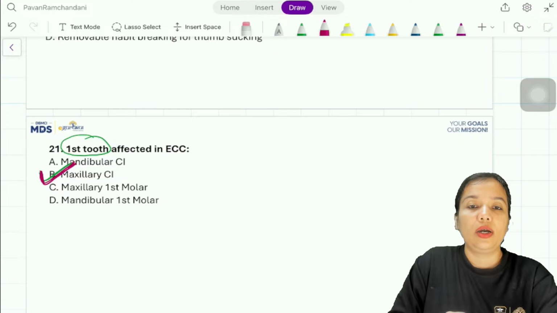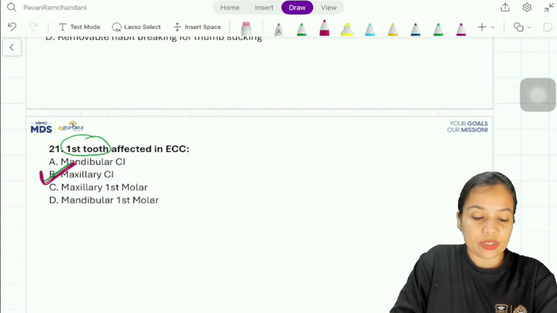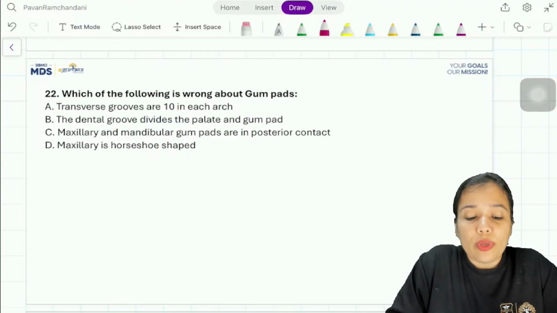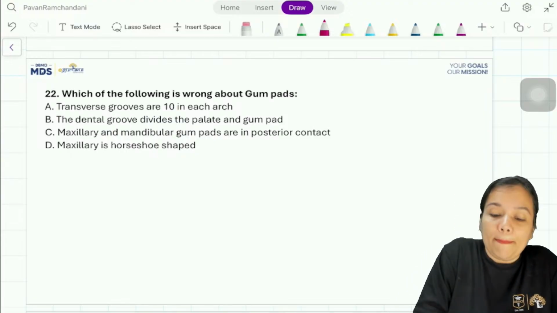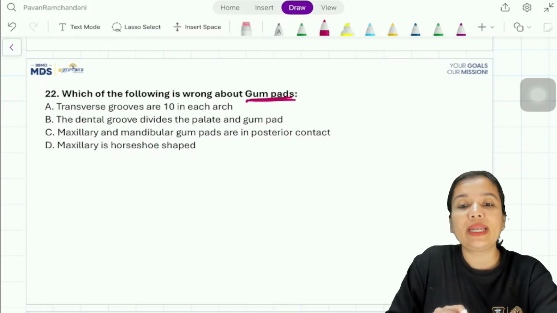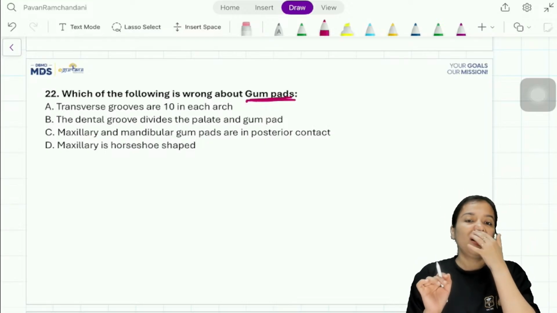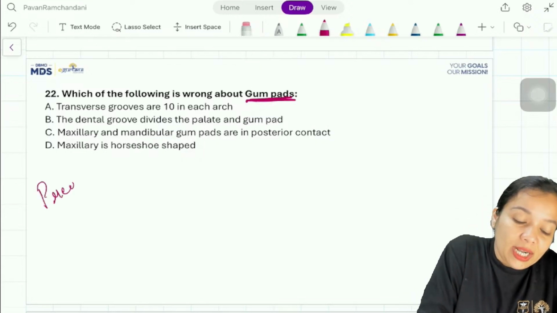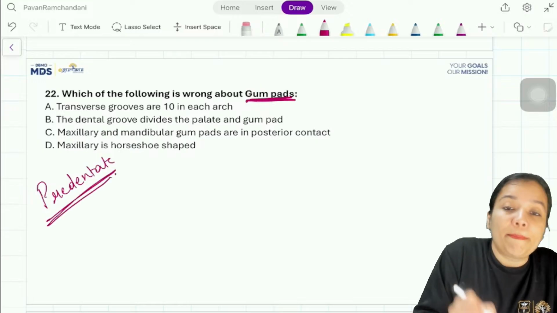Okay. The next question, that is question number 22, says: which of the following is wrong about gum pads? So you know what is a gum pad. Gum pad is basically present in the predentate period of a child. So before the eruption of the teeth, the gums are called the gum pads.